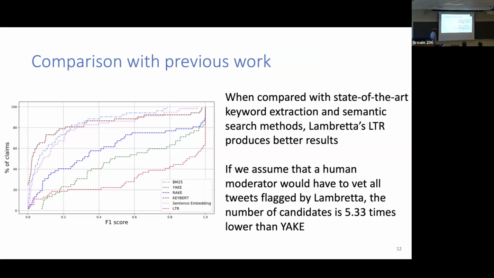So as I said, when we compare our model with existing techniques, our model works better. Here we have the claims to be moderated, so these would be the tweets that received moderation. And then we have an F1 score, which is a metric of precision and recall. So it embodies false positives and false negatives and so on.